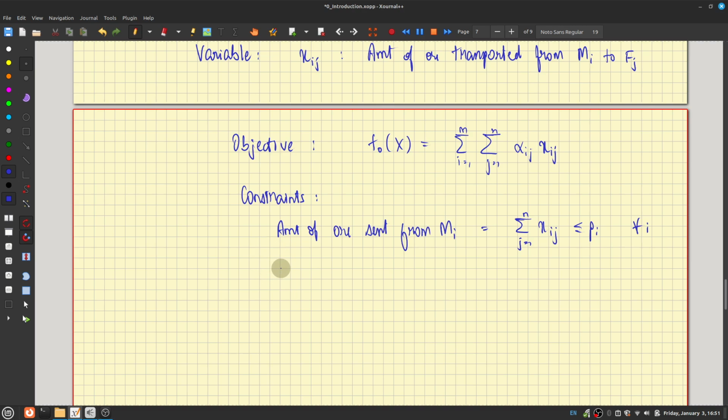So the amount received by factory j, which is summation i equal to 1 to m of xij, has to be at least dj. Now it doesn't have to be exactly equal to dj, but that's okay. If you supply more, then it doesn't matter.